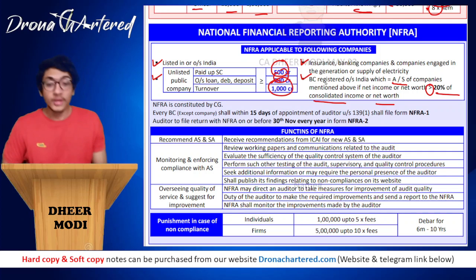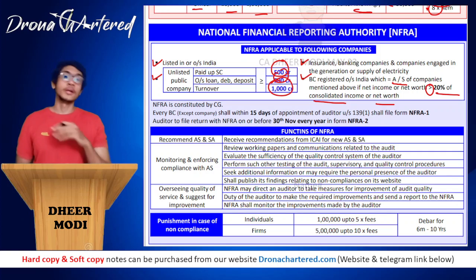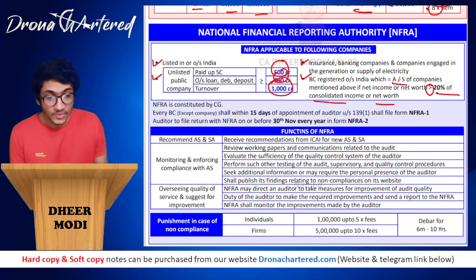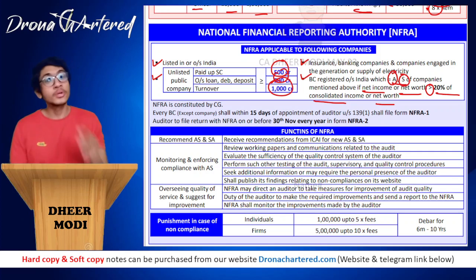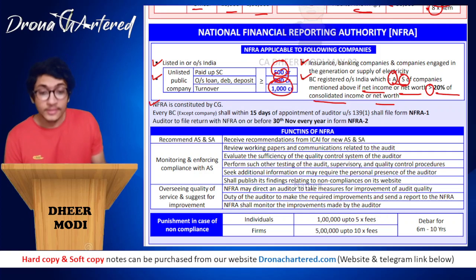If any body corporate is registered outside India, whose associate or subsidiaries come under those we have mentioned above, and their net income or net worth is more than 20% of the parent's consolidated income or net worth, then it will be applicable to them also, that is the body corporate registered outside India. Your NFRA is constituted by your central government.